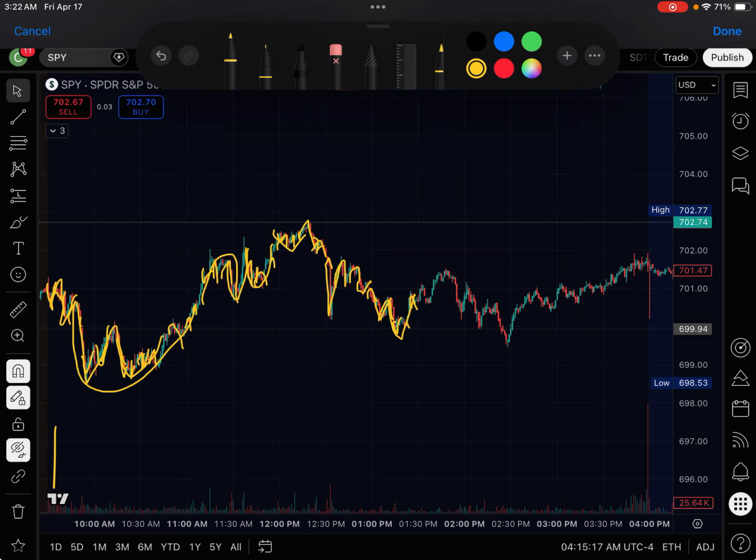Big cup, little cup. Big cup, upside, little cup. There's cups inside of cups. Big cups, little cups, inverse cups. It's all a cup, okay? And let's look on the macro side a little bit more.